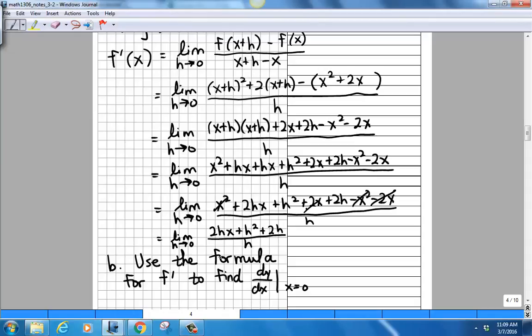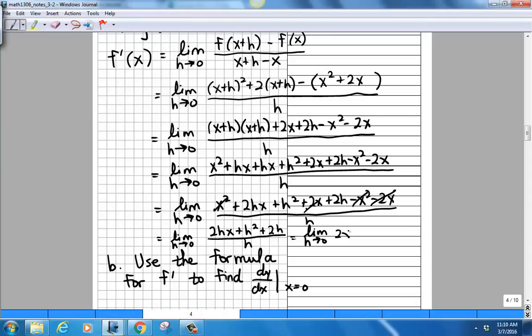So that still looks kind of gruesome, except it's not, because h divides into all of these terms. So there's the next thing that should happen. If you've done this correctly, you should be able to cancel the h out of the denominator. If you can't cancel the h out of the denominator, I almost can guarantee you something has gone wrong. But h goes into all of these terms, so you can reduce that h, and you get the limit as h goes to 0 of what?